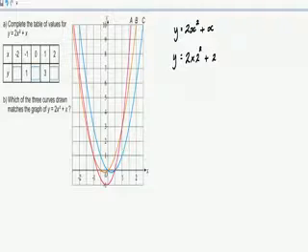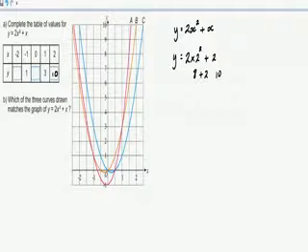Okay, so remember your BODMAS, so order, that's the power, must be done first. So 2 squared is 4, and 2 4s are 8, plus 2, and 8 plus 2 gives us 10. So that goes in there.